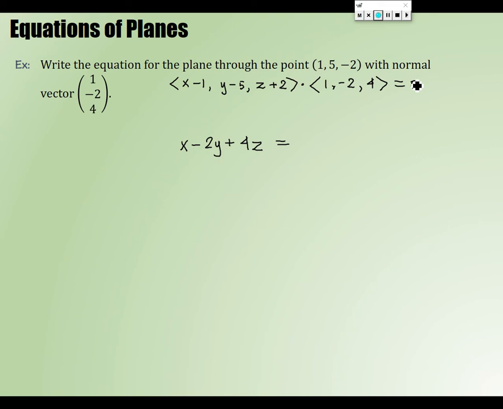What does that come out to be over here? -1 plus 10 plus 8 is 17. Or someone say it another way too. How did you get 17? What is that?